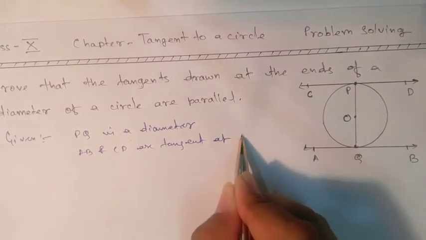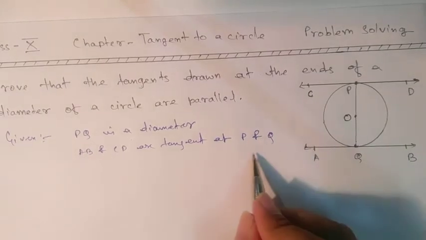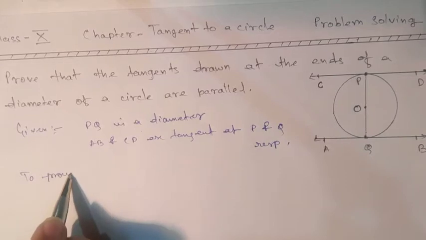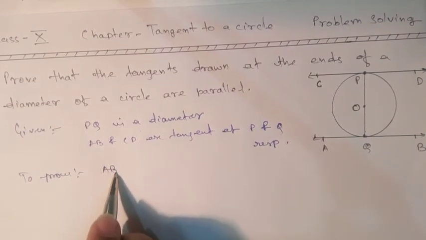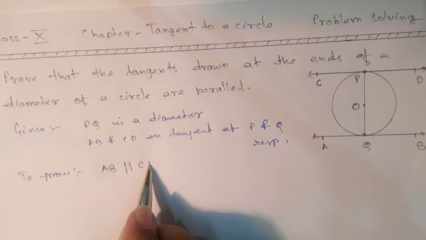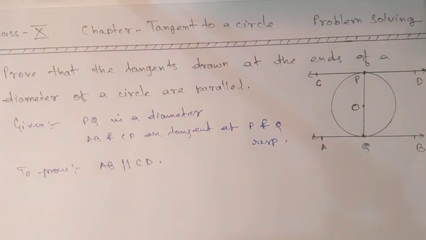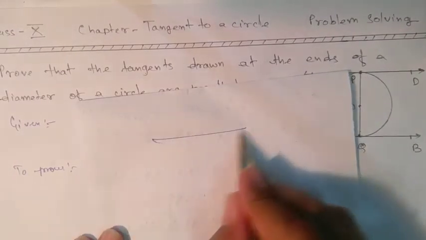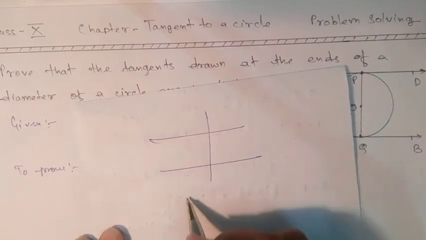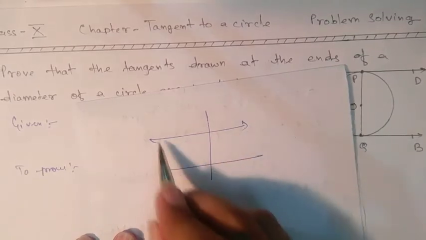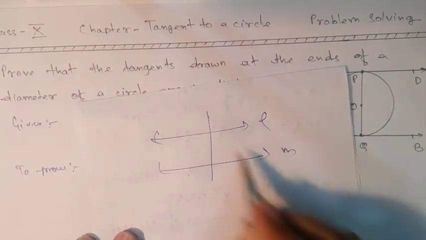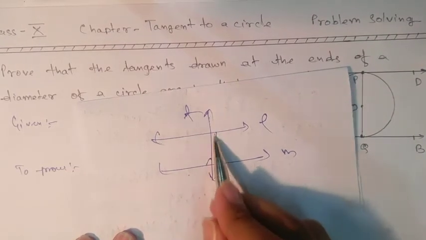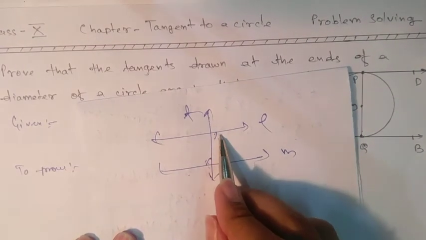at P and Q respectively, and you need to prove that these two tangents, AB, must be parallel to CD. We need to prove this, and we know that if we take two parallel lines and one transversal, then if these two are parallel, alternate interior angles must be equal.